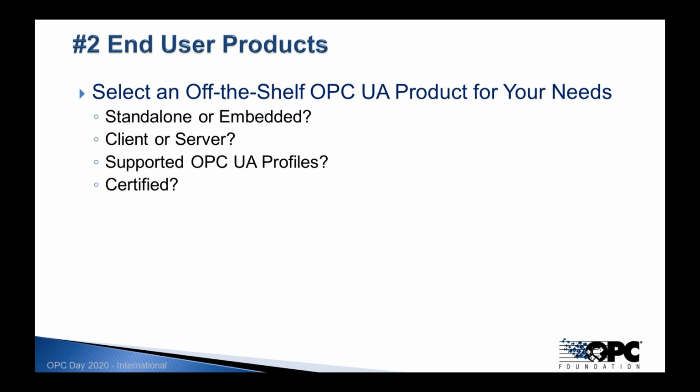Not all of them are similar. Some of them are standalone and run on PC level computers. Some are already embedded in PLCs or other industrial hardware. You need to know if you're looking for a client or a server solution, or maybe both.